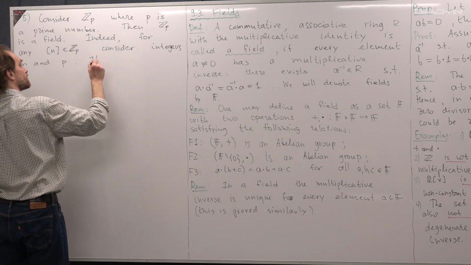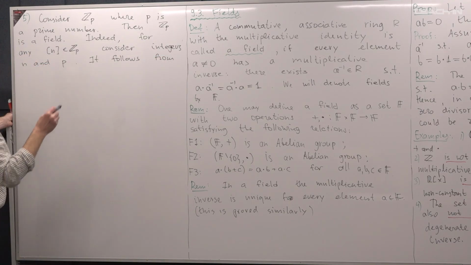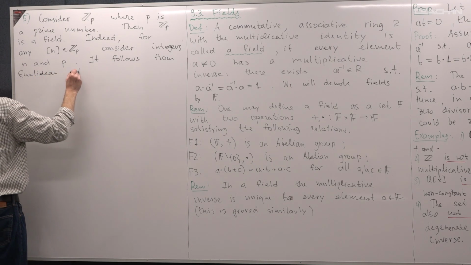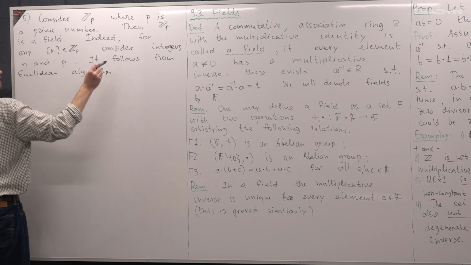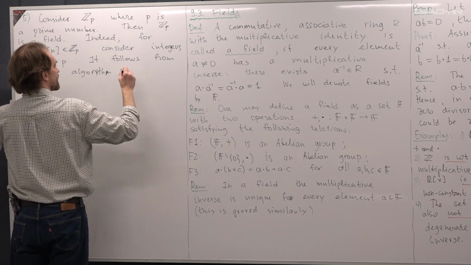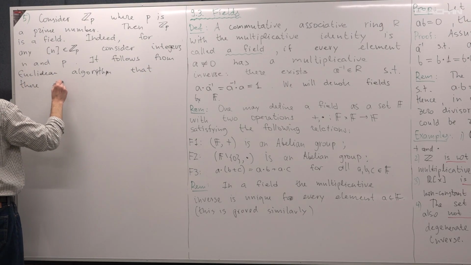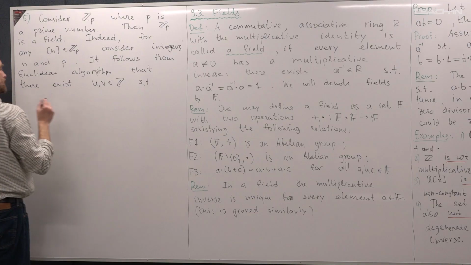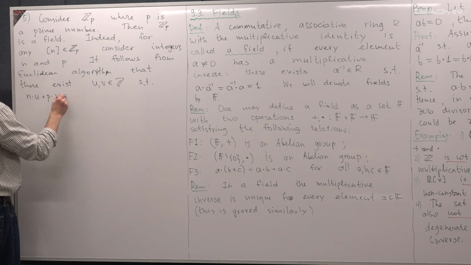It follows from the Euclidean algorithm that there exist u and v such that n multiplied by u plus p multiplied by v equals 1.